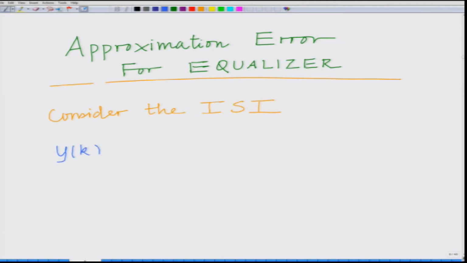where the received symbol yk is given as h0 times xk plus h1 times xk minus 1 plus vk. This is the model for the channel.